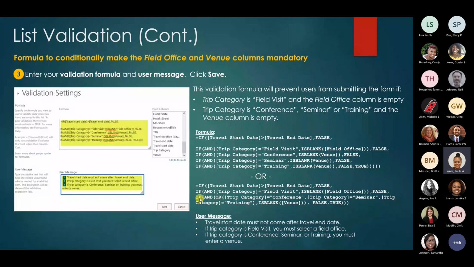And lastly here, if trip category equals conference or trip category equals seminar or trip category equals training and the venue is blank, false. We do not want the user to submit that form. Otherwise, it's true and the user can submit the form. And these are the user messages here.